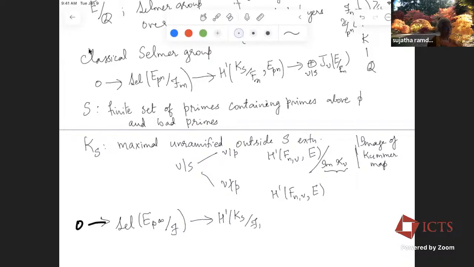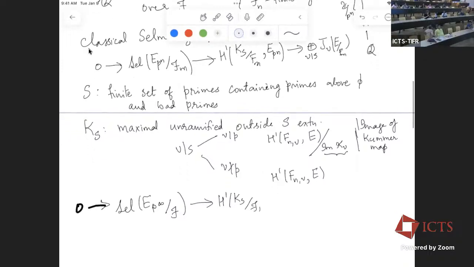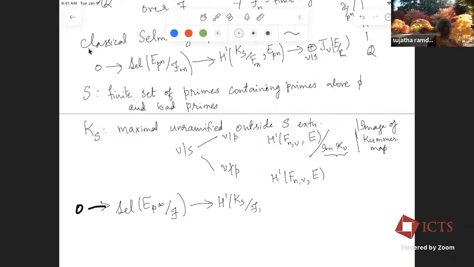In fact, if I put the p^n inside, then I'll define what's called the fine Selmer group: H1(Ks/F, E[p^n]) over the product over V in S of J_V of E over F.